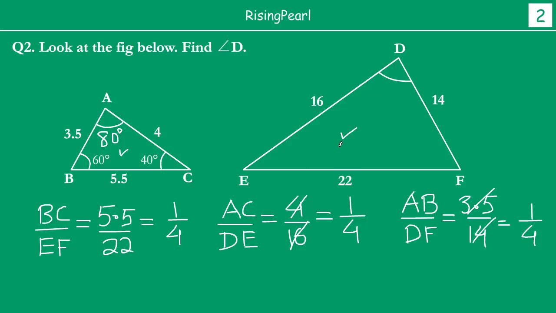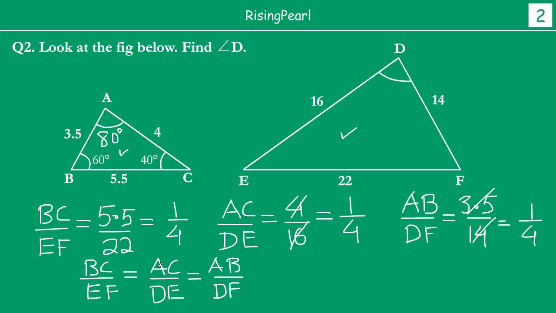So here, friends, even though visually these two triangles don't look similar, they actually are similar triangles. But it is important to know which corresponding sides are in the same ratio, and so which angles will be equal. So let's write it. What we have here is BC by EF equal to AC by DE equal to AB by DF, right?